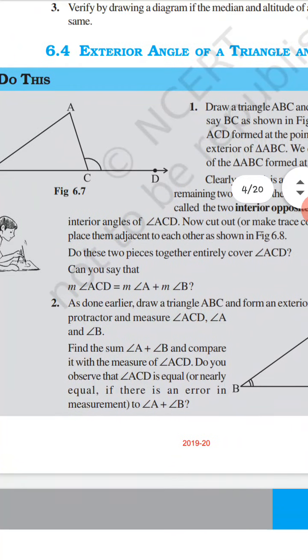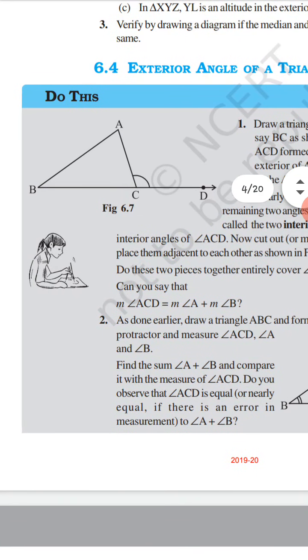Now by measurement we can see that the measure of exterior angle ACD is the sum of the measures of angle A and angle B. So you can draw a triangle ABC, produce side BC to D, and measure angle ACD, angle A and angle B. We can see that angle ACD is equal to angle A plus angle B.